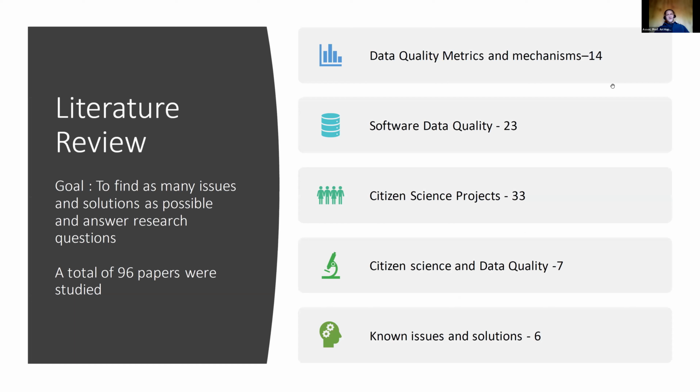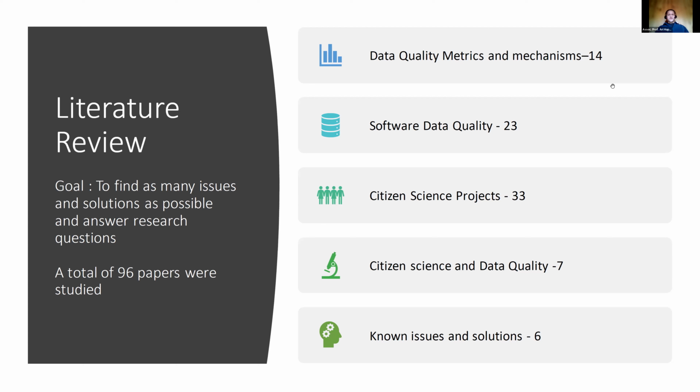So just to give a general overview, what could you find in the literature on this topic? At the time we did the literature review, we found a little under 100 papers to go through. As you can see from this picture, first of all, a lot of citizen science projects were already published or shown in publications at that time.